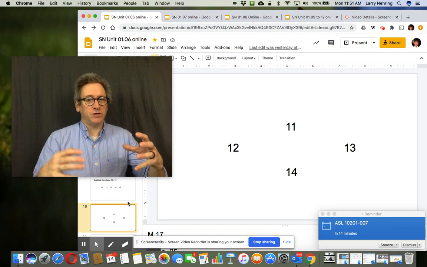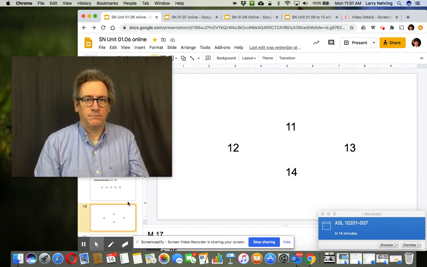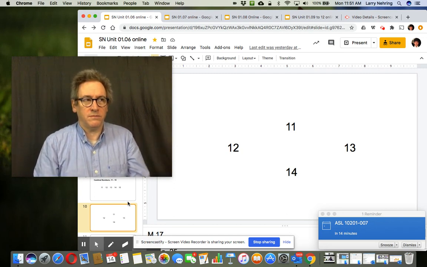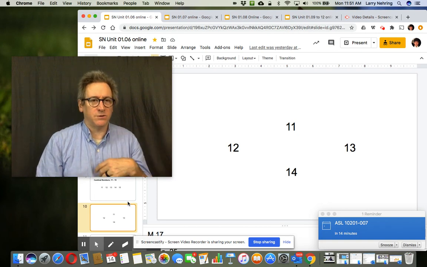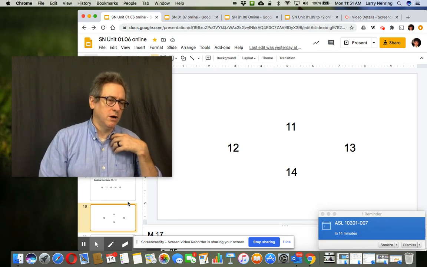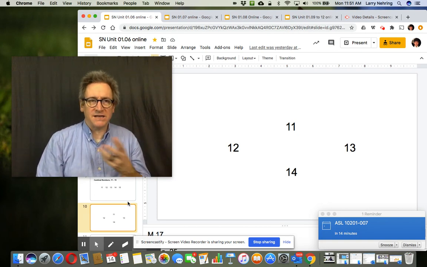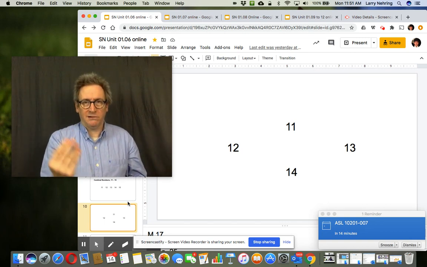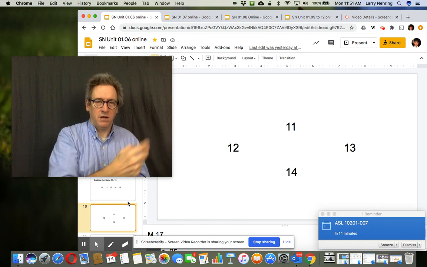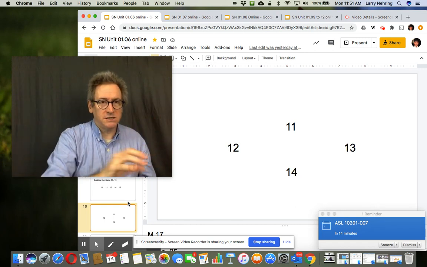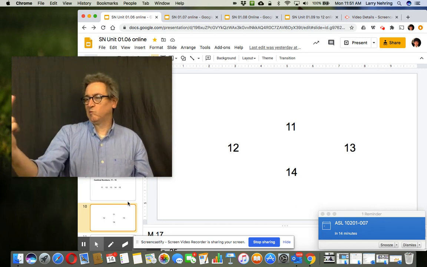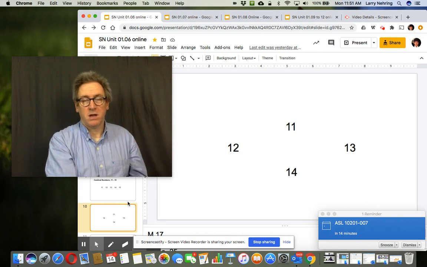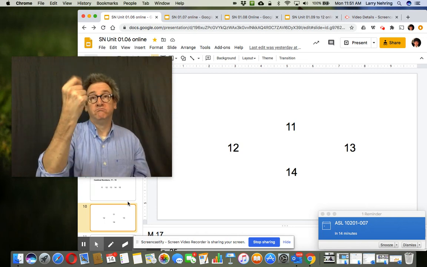This is an activity we normally do in class where we can use it a variety of different ways. Either I tell you to give me the next number, or I ask you to sign it with me, where I do 11, 14, 13, 12, where I'm getting used to using space.